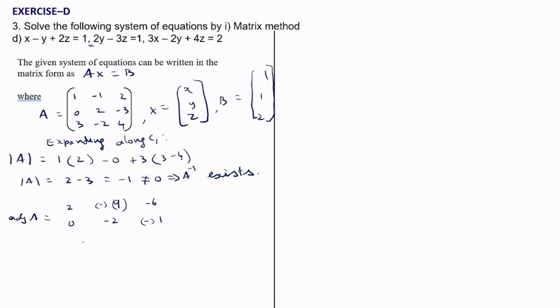And then we have 3 minus 4, minus 1. Here there is a negative sign. It is minus 3, and then 2. The whole transpose. So this is equal to, first row becomes the first column, second row the second column, and third row the third column. So this is the adjoint of A.